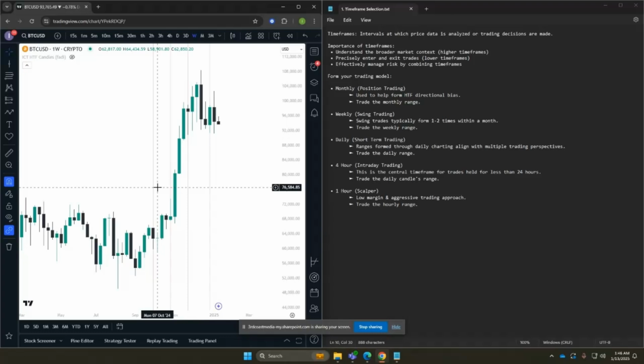But this is 1 month, 2 months, 3 months, and each one of these is a week. 1 week, 1 week, 1 week, 1 week. You can see there was only maybe 1 or 2 buying opportunities in the past couple months. So you would just be looking to capitalize on a swing, and that happens about 1 to 2 times in a month.